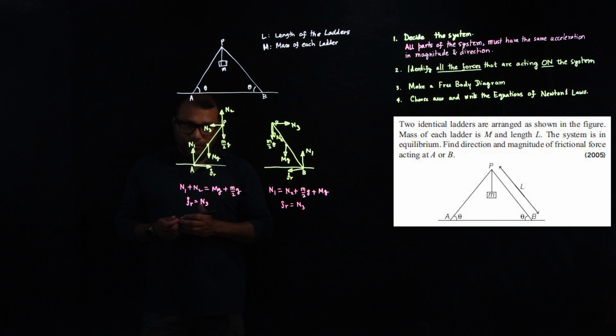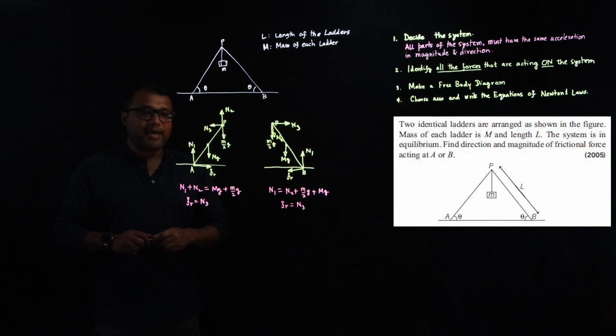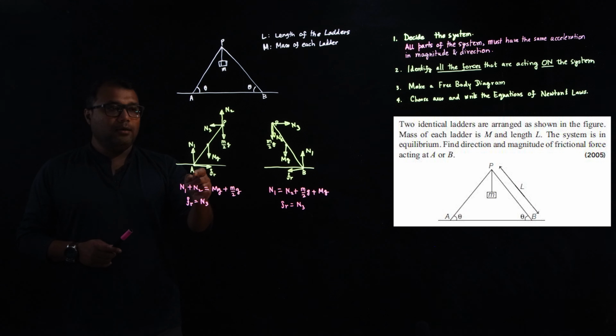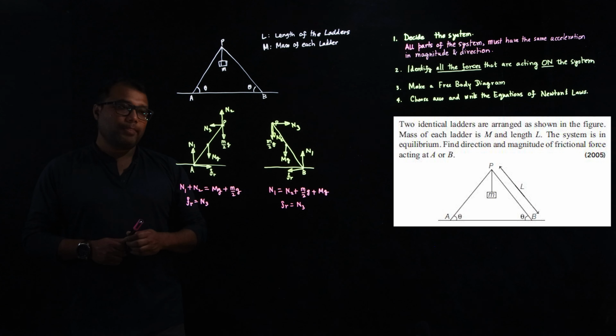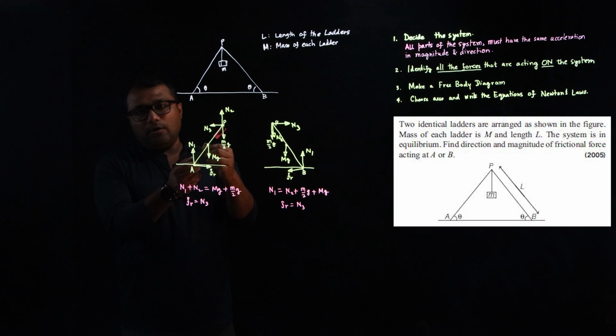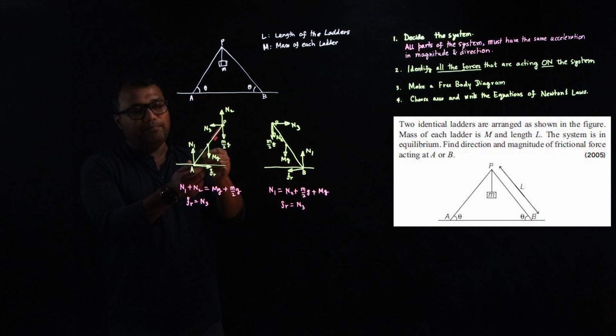Okay, now there is another equation that we can write, and that is based on the torque around any point. Now because there are several forces acting on an extended piece of mass, there will be moment, right?